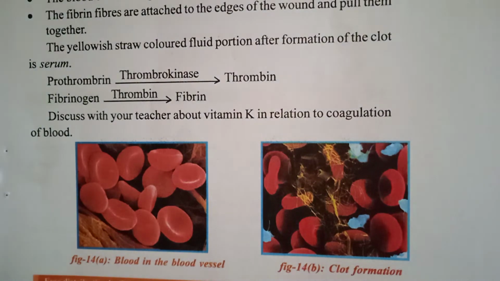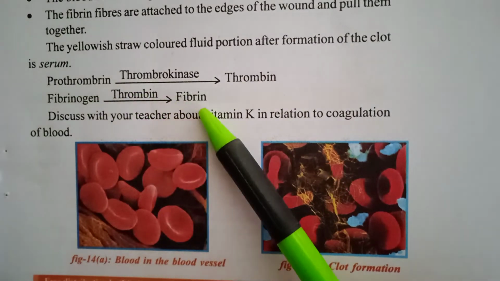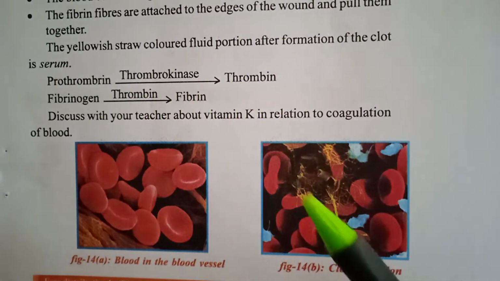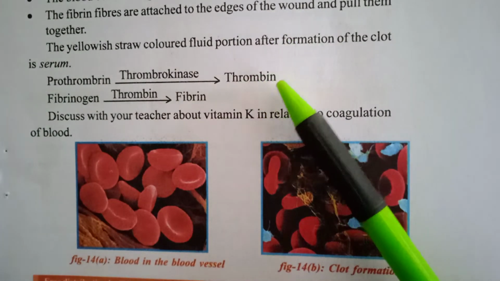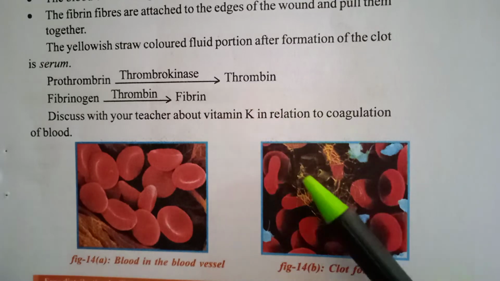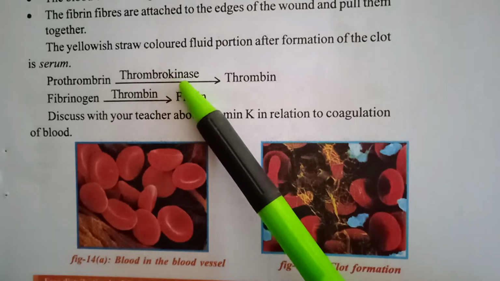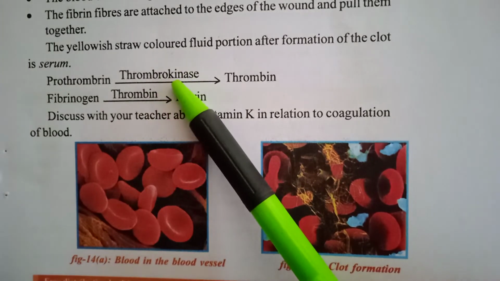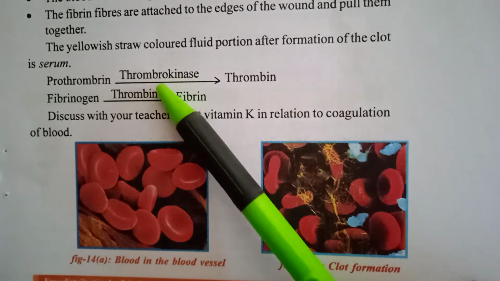When blood flows out of the wound or cut, blood consists of blood platelets. Here you see the flow chart of coagulation of blood. When blood flows out of the injury, the blood platelets present in the blood release an enzyme called thrombokinase.